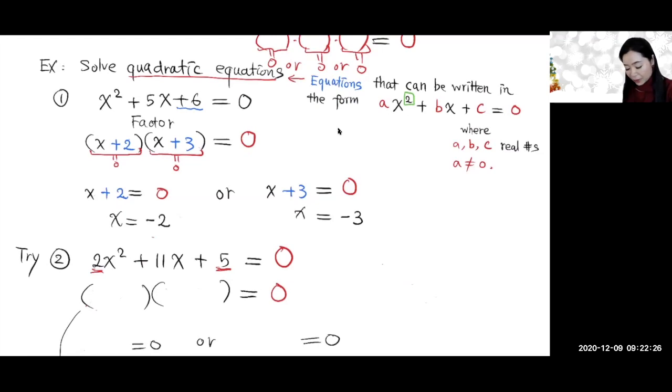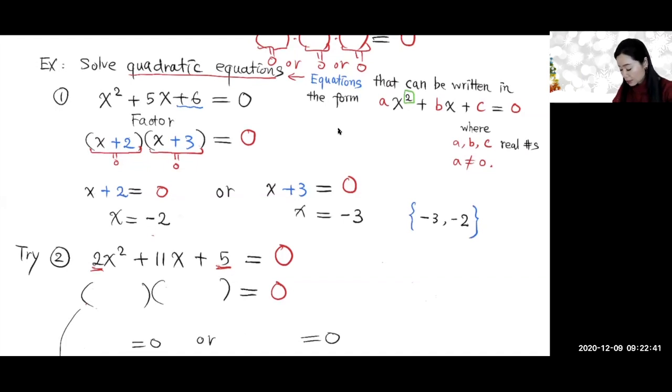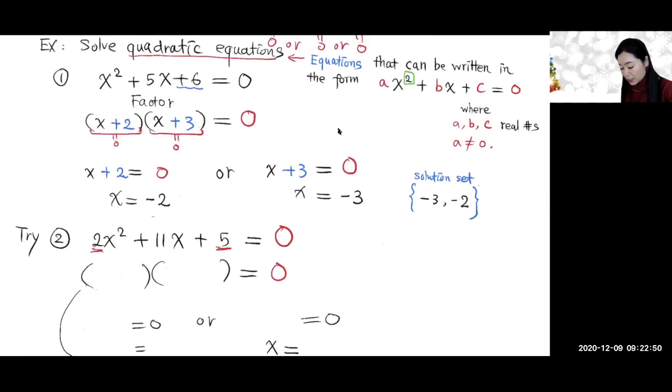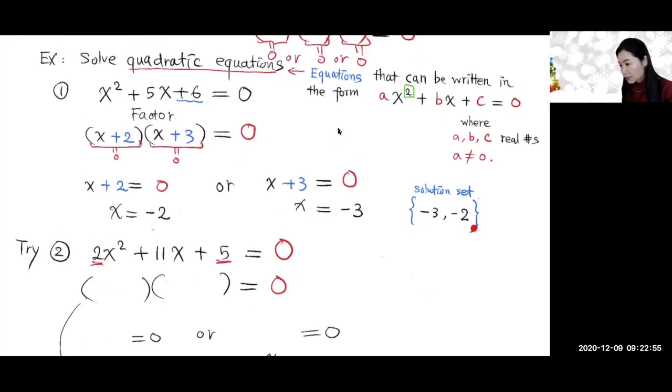The two solutions over here are -3, comma, -2. We can put that in set notation, a pair of curly braces. This is the solution set, which consists of these two numbers. Notice that you have two solutions, which correspond to the degree of this equation. This is degree 2, so you get two solutions.